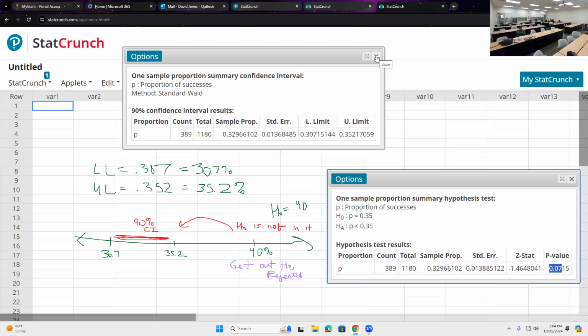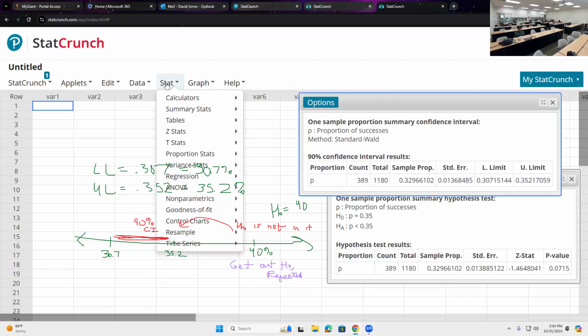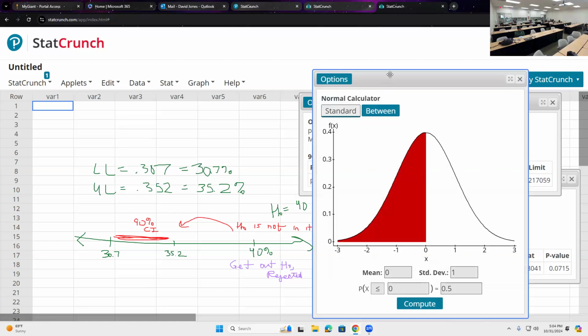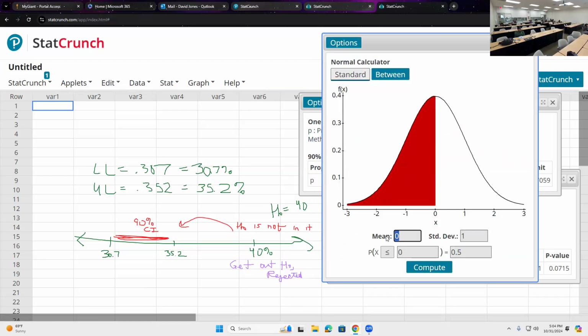I did want to show you how this relates to the normal calculator. If we go to stats, calculators, normal, I'm gonna put in the mean and the standard deviation we calculated by hand, from a couple pages ago.